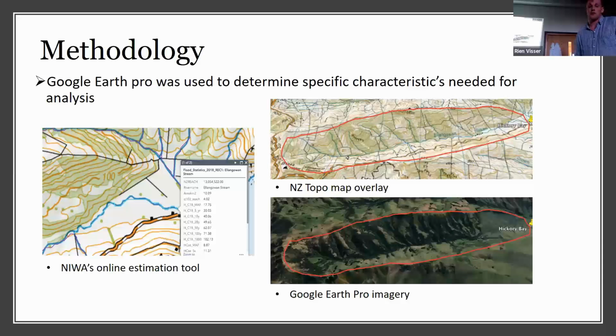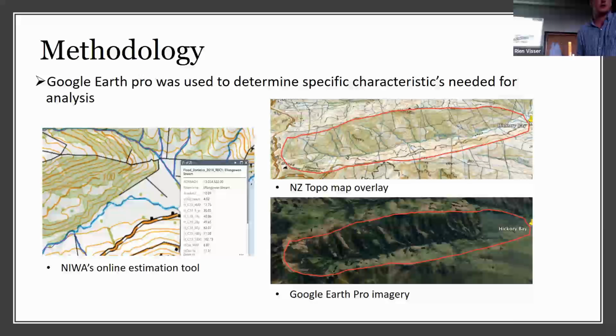For the methodology, for our regional method, NIWA's version was used, which is an online interactive tool. The desired catchment is clicked on, you zoom into a stream segment and click it, and it gives you a flow estimation, standard error, and the area that the flow was calculated for.